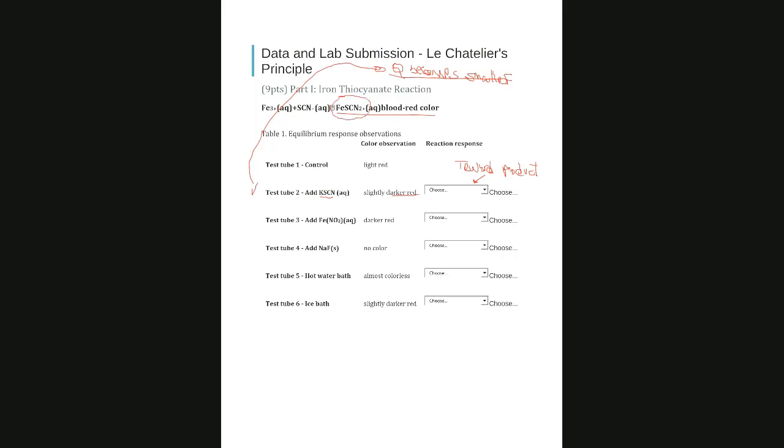You disturb the system and you separate it, and the shift means that most of your product is as iron and thiocyanate. So you won't have the color.